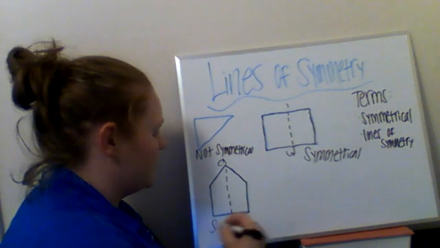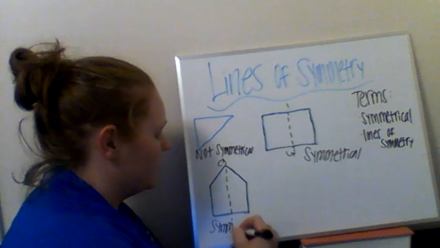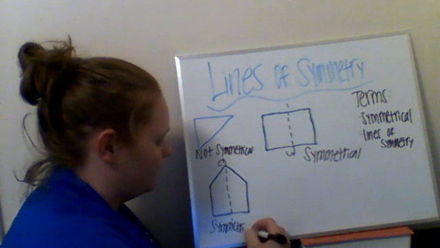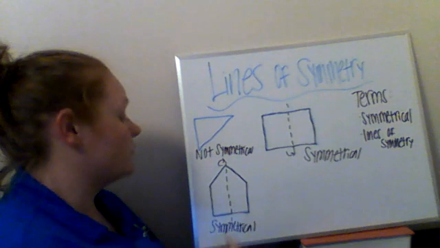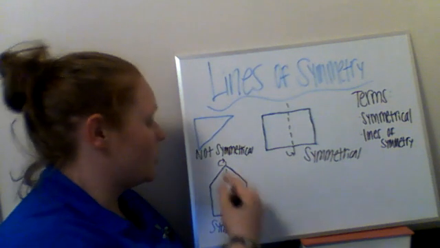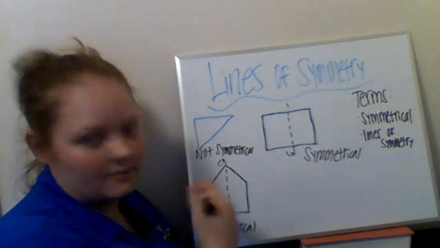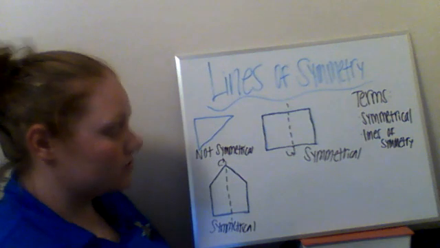So this shape is also symmetrical because it has a line of symmetry. This shape only has one line of symmetry because there's no other way you can flip it to make it symmetrical. Okay?